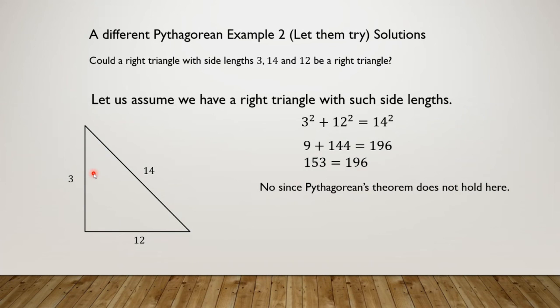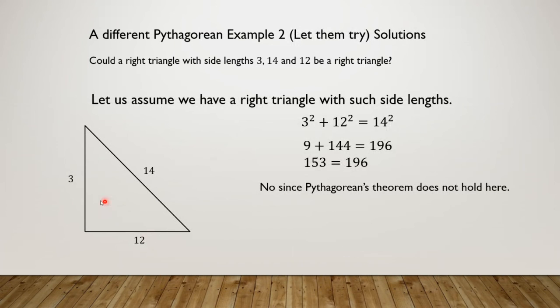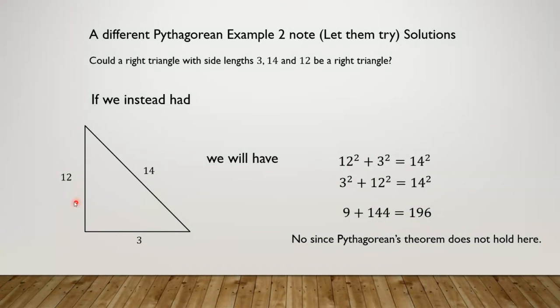If you happen to write it this way instead of how we had it on the first slide, it really doesn't matter, because by Pythagorean's theorem you would be adding the legs squared together, and addition is commutative. So basically, you can't get a right triangle like this, is what we're saying.